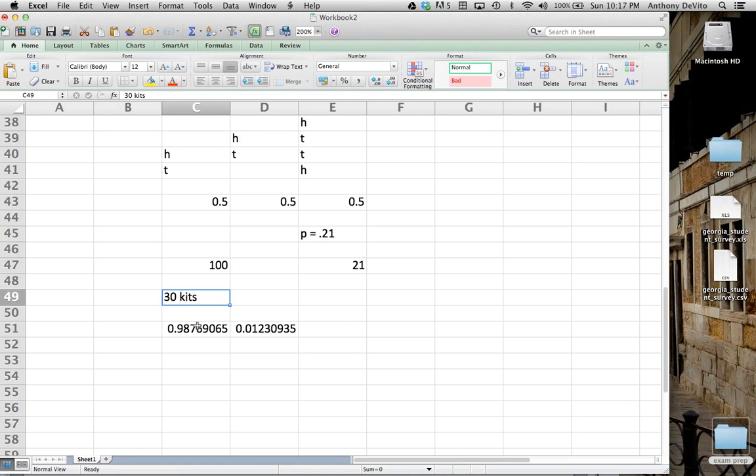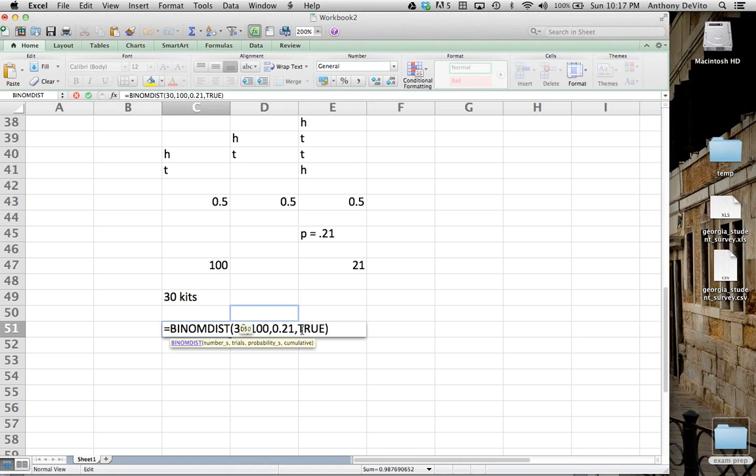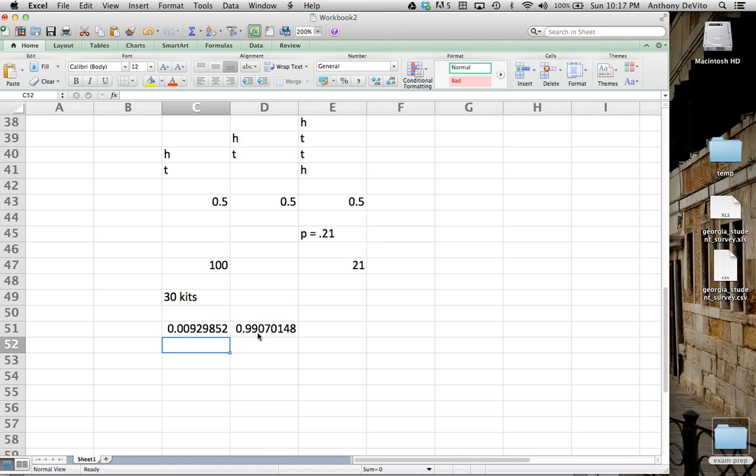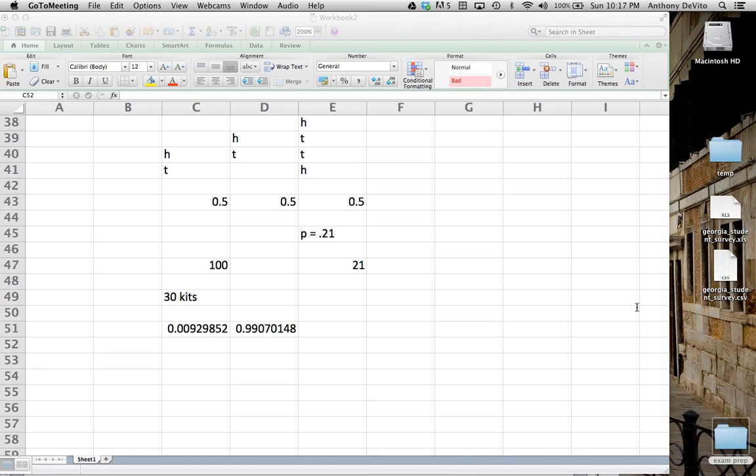Now, if I had written false instead of true, it would, for cumulative, only give me the probability for exactly 30 out of 100. That doesn't seem very likely, getting exactly 30 people out of 100 that had high blood pressure on any given day. In fact, it's a very small possibility. It's less than 1%. Okay, does that help?